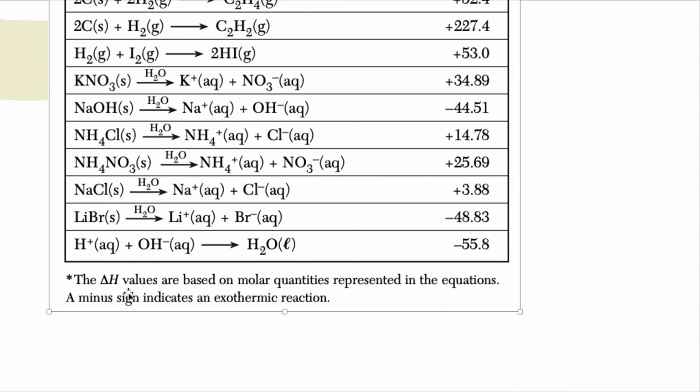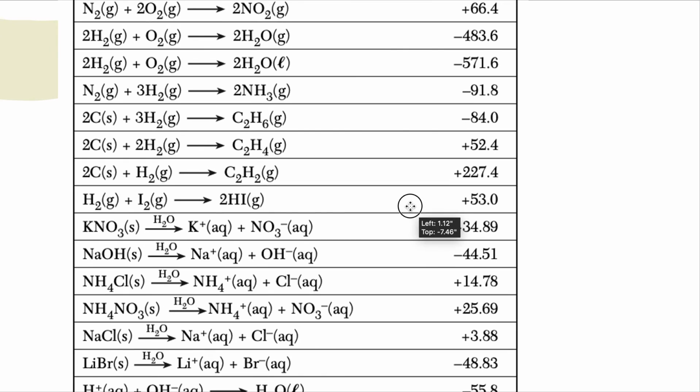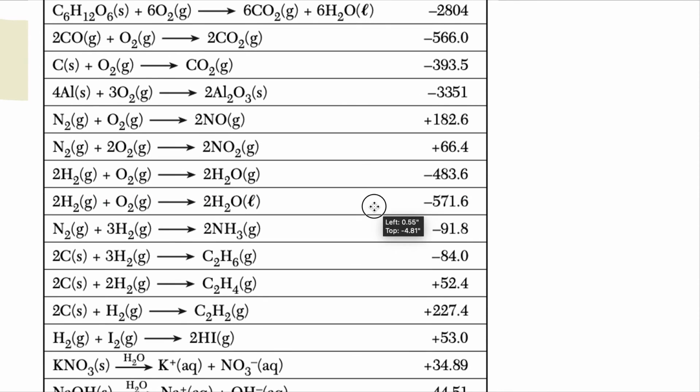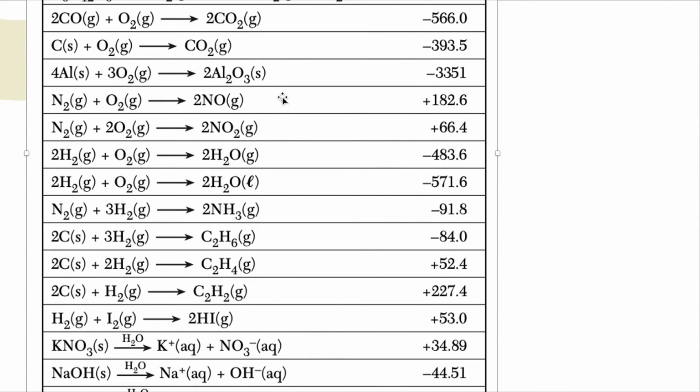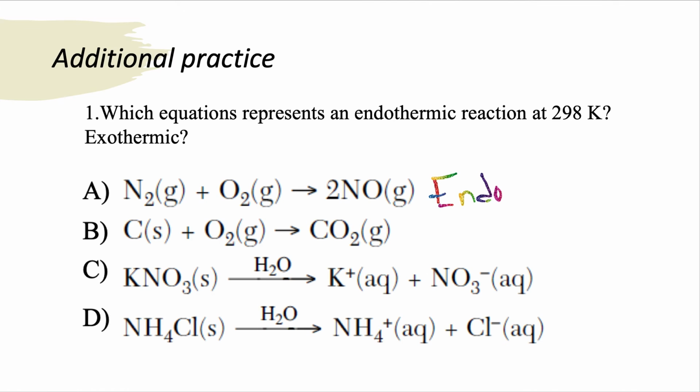You'll see the enthalpy values are based on molar quantities represented in the equation. A minus sign indicates an exothermic reaction. That'll give you a quick reminder. So this one right here, negative 393.5, is going to be exothermic. So we're going to write exo.